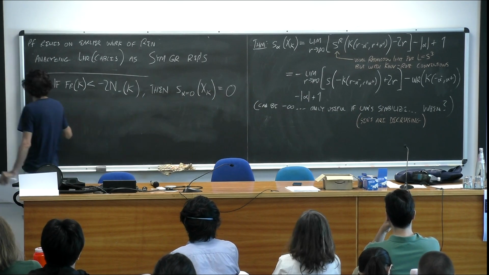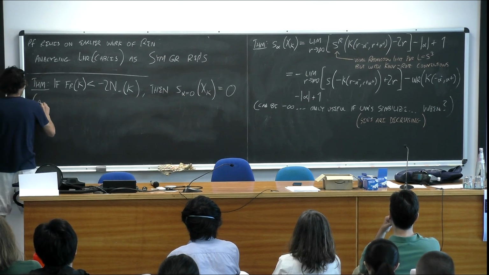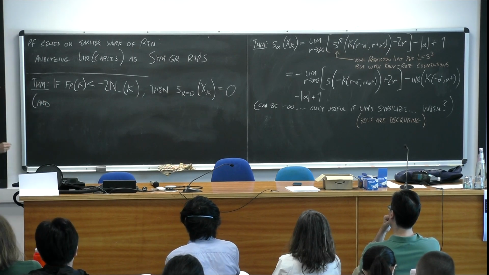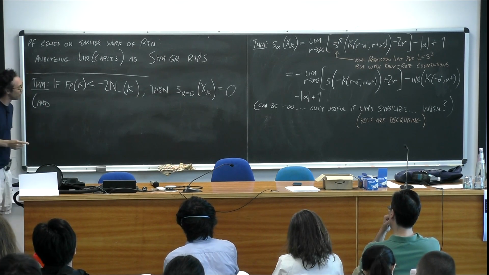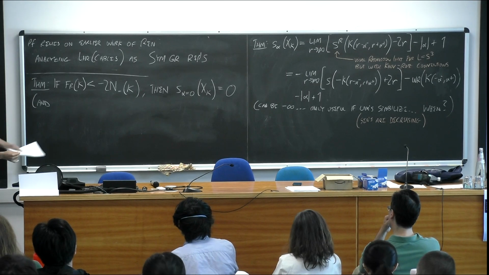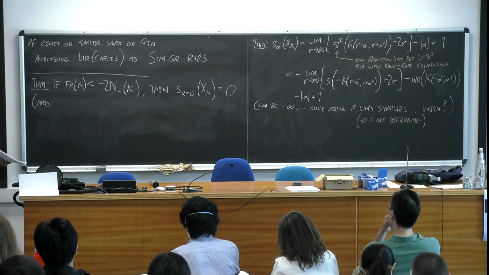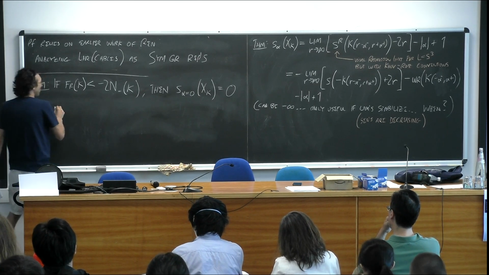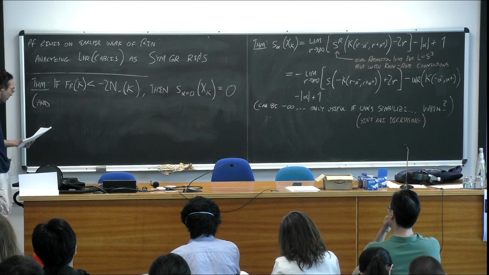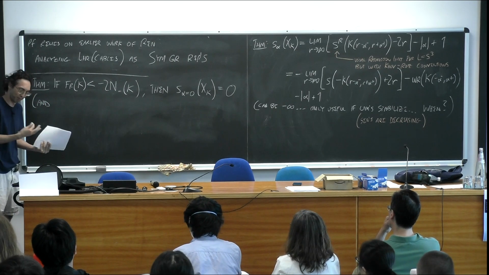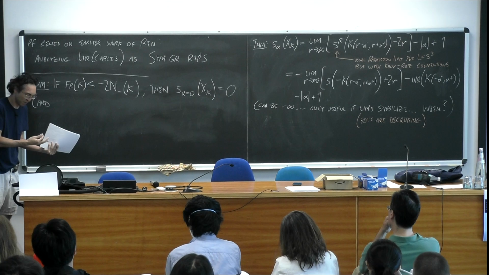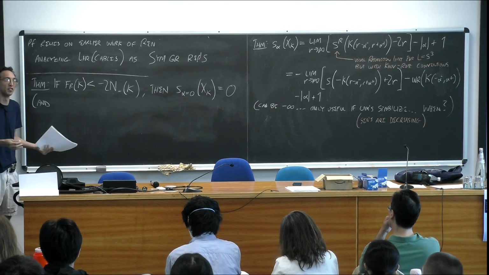Let me not write the precise statement, there's a little bit more to it, but once you know this, you also know something about the Lie module as a filtered space now.